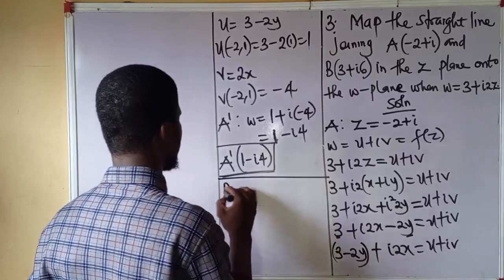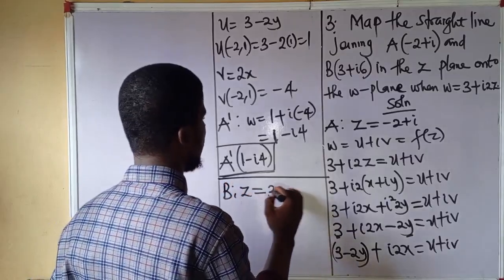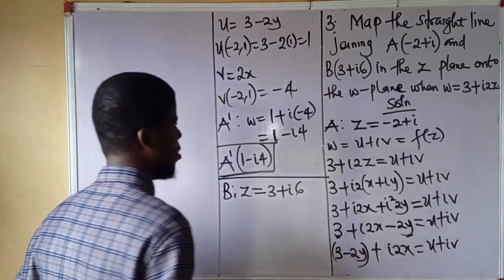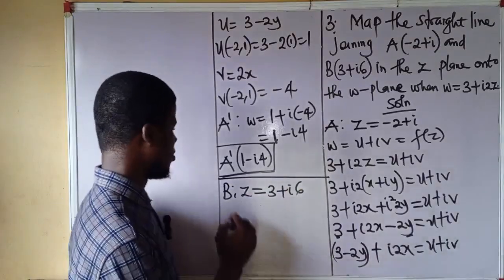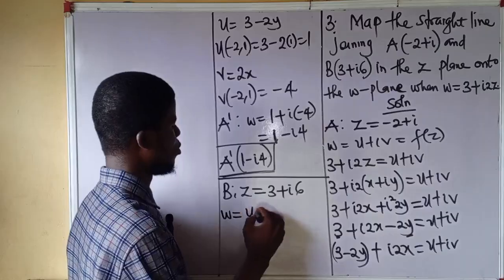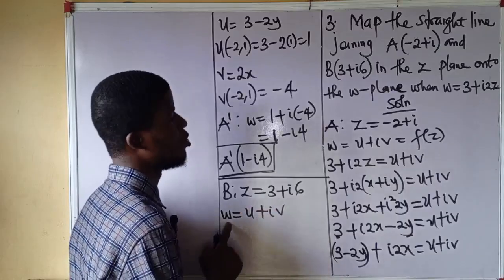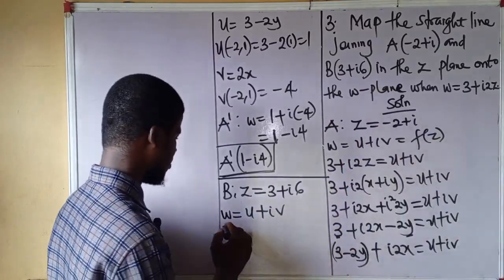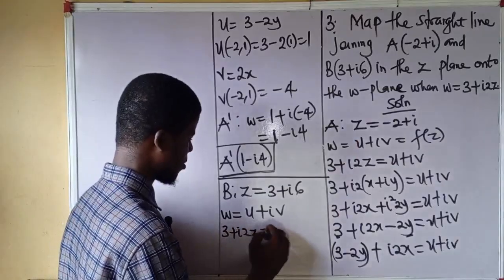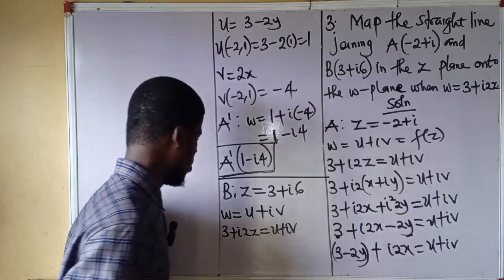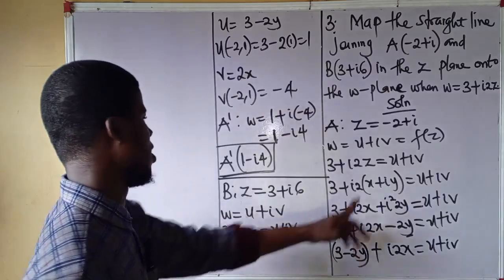B is the point Z equal to 3 plus I6. Alright, so let's go ahead. W is U plus IV, and W is still 3 plus I2Z, where Z is X plus IY.